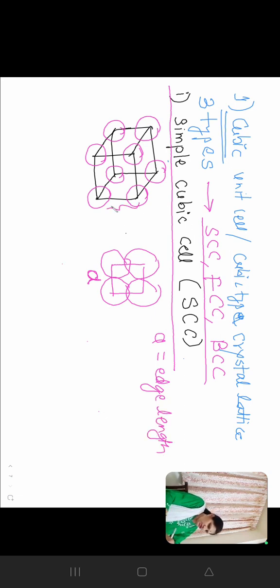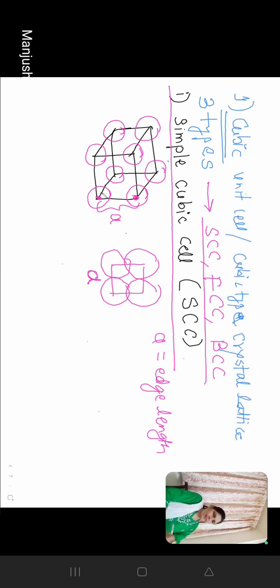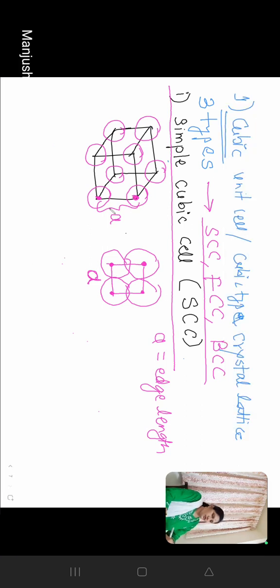Now this is the edge length A, but the distance between the centers of 2 atoms is again A. Now see, this is the center of the atom. So the distance between the centers of 2 atoms is the edge length of the cube.